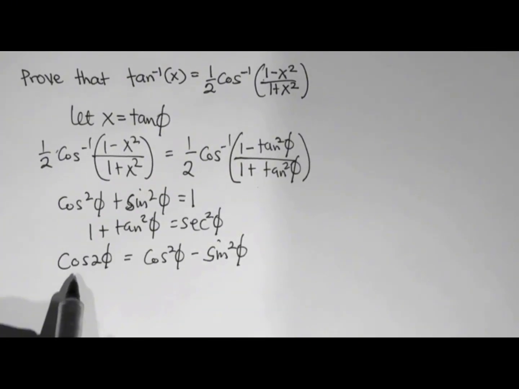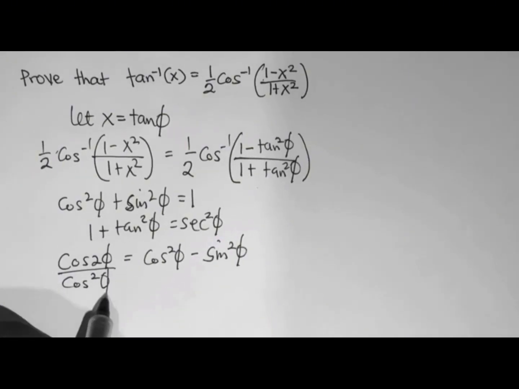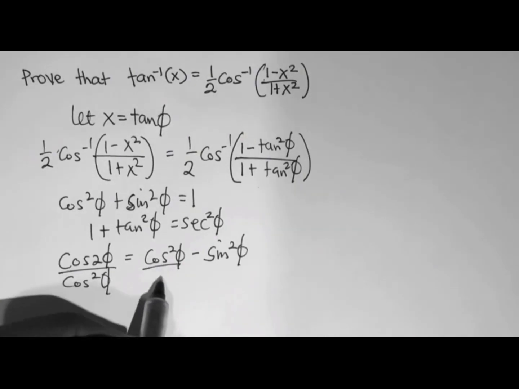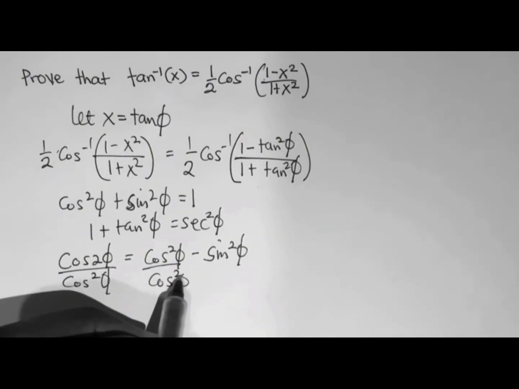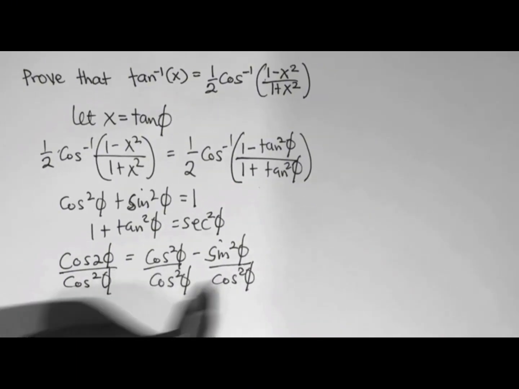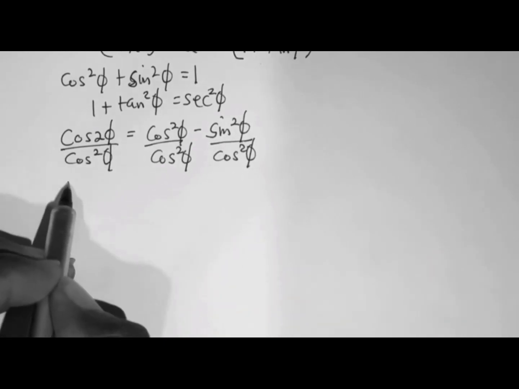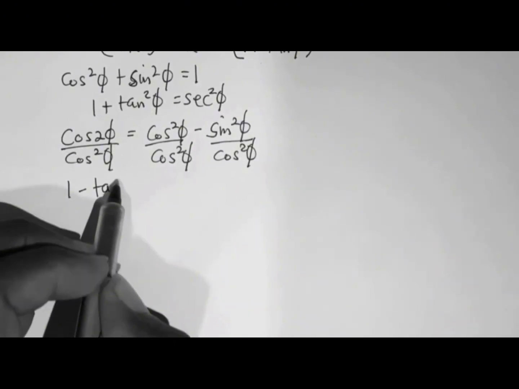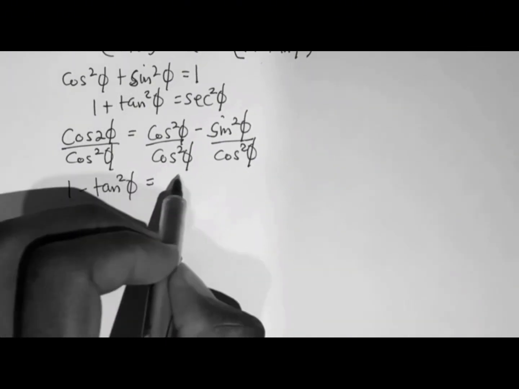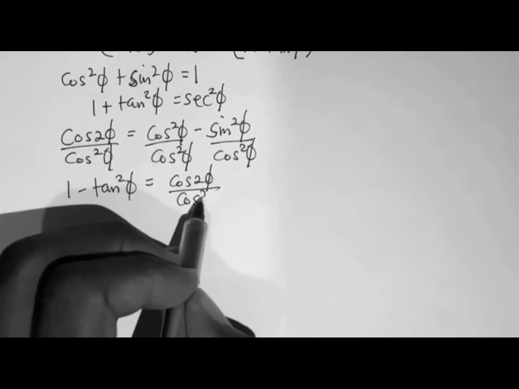So if we divide through by cos squared phi, we get 1 minus tan squared phi equals cos 2 phi divided by cos squared phi.